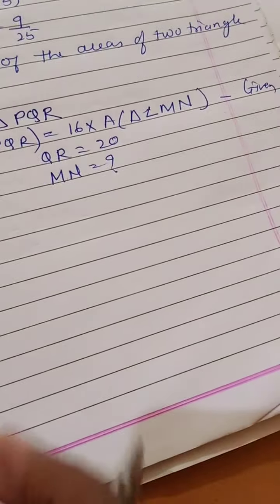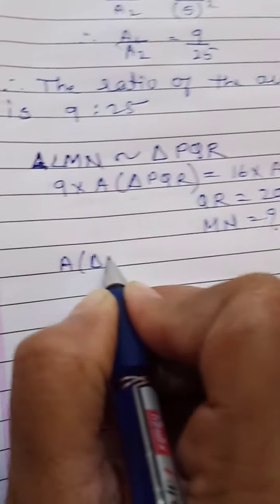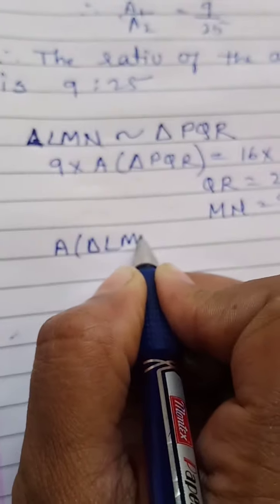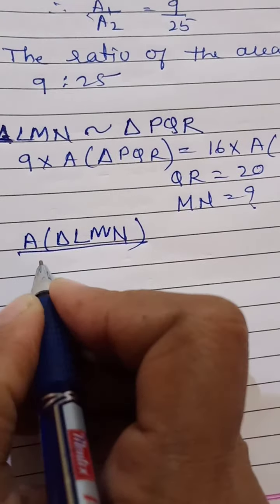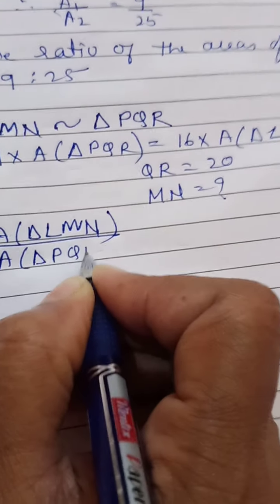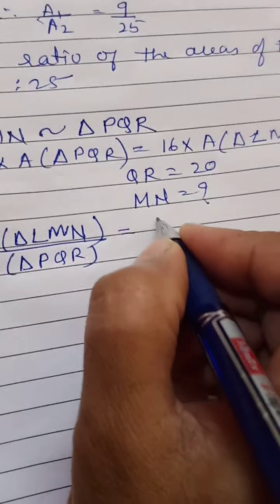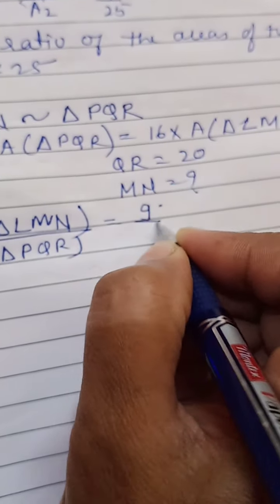So what we will do is, area of triangle LMN upon area of triangle PQR is equal to 9 upon 16.